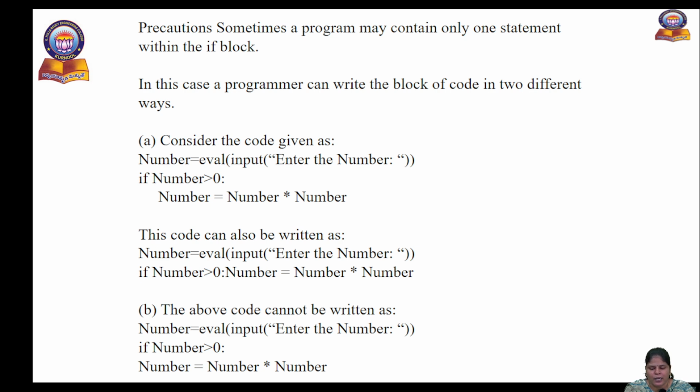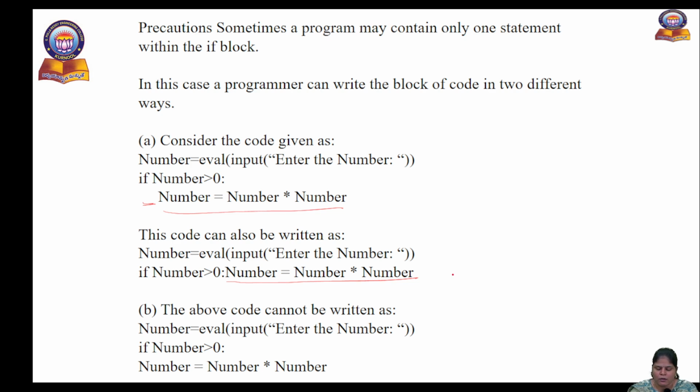The programmer can write the block of code in two different ways. Either he can write it on the next line of the if statement, following the indentation, or he can mention it directly after the colon. So these are the two ways.